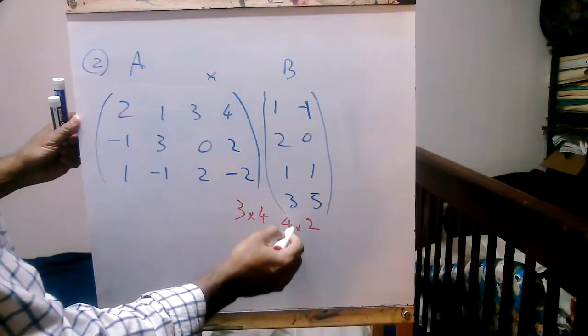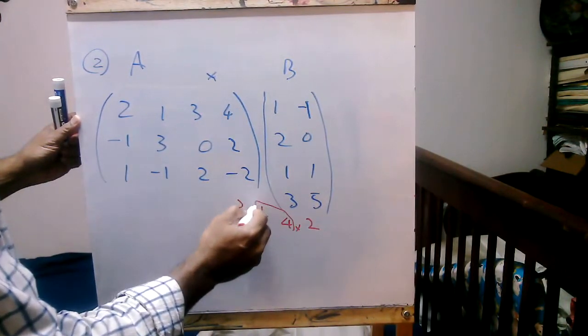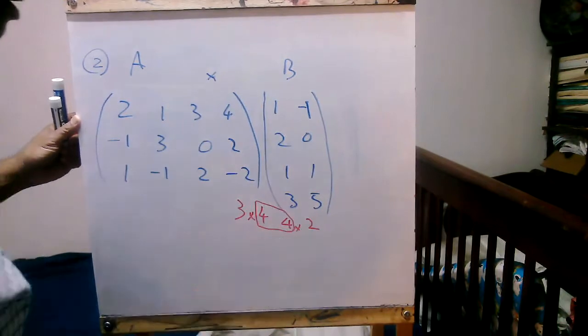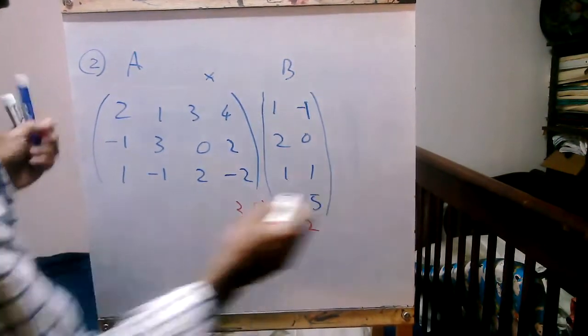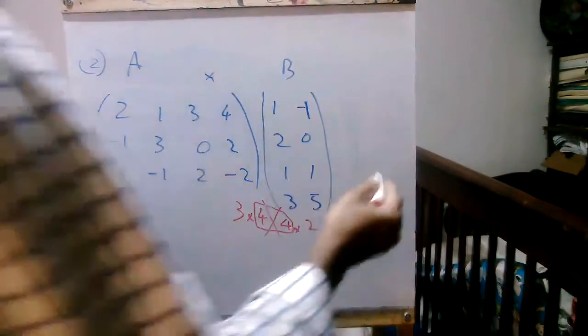The number that comes in the middle is common, so cross that out. Our resultant should be 3 by 2.